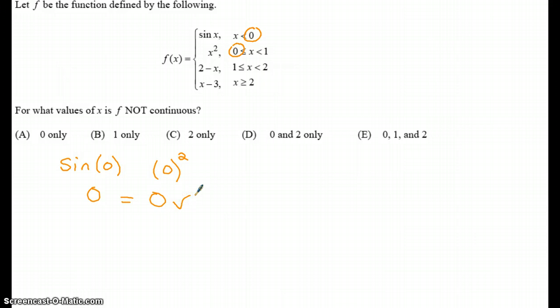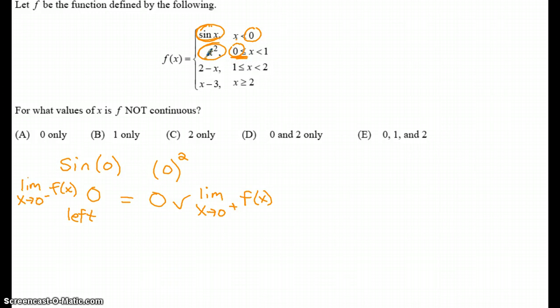So this would be to the left, and this would be to the right, because the function is defined to the left, less than 0, as this, and to the right of 0 as this.